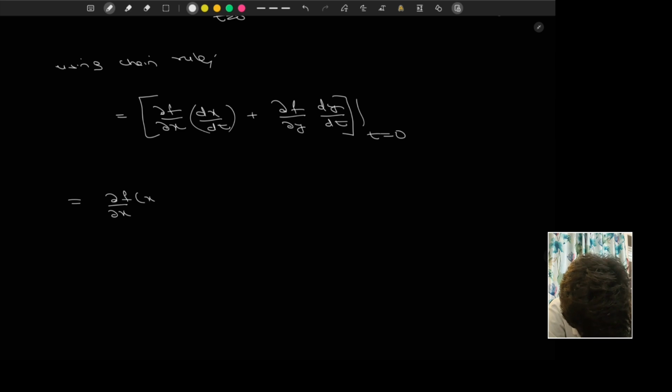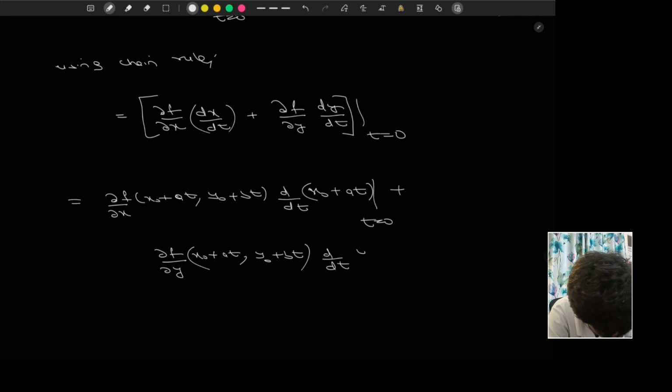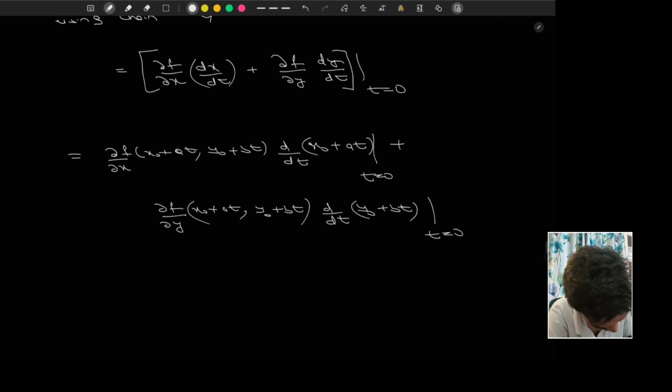This is nothing but df by dx of a function at x0 plus at, y0 plus bt, into d by dt of x0 plus at, and this I have to evaluate at t is equal to 0, and plus the other term which is df by dy at x0 plus at, y0 plus bt, d by dt of y0 plus bt, and that should also be evaluated at t is equal to 0.